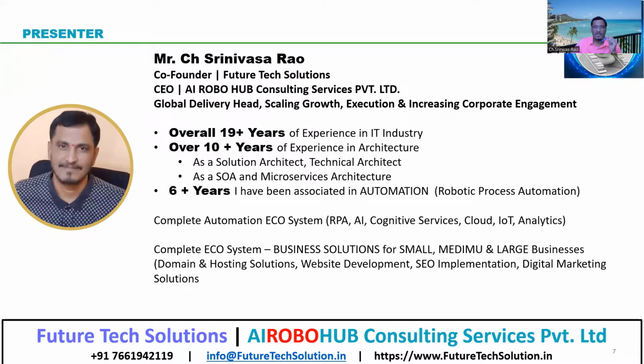I am an expert in defining, designing, and implementing end-to-end RPA ecosystems using RPA, artificial intelligence, cognitive services, cloud, and IoT analytics, and in designing and defining entire enterprise solutions for RPA. We also provide end-to-end digital transformation solutions to small, medium, and large businesses, IT companies, and enterprises. Okay, this is my small intro about myself.